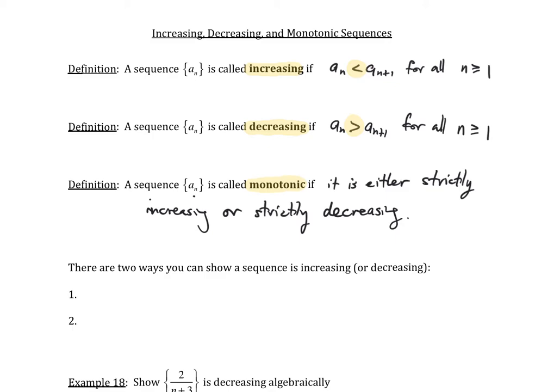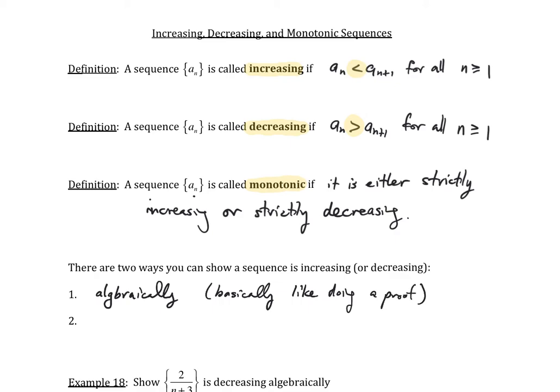So there's two ways that you could show a sequence is increasing or decreasing. The first way is you show it algebraically, and this is basically like doing a proof.